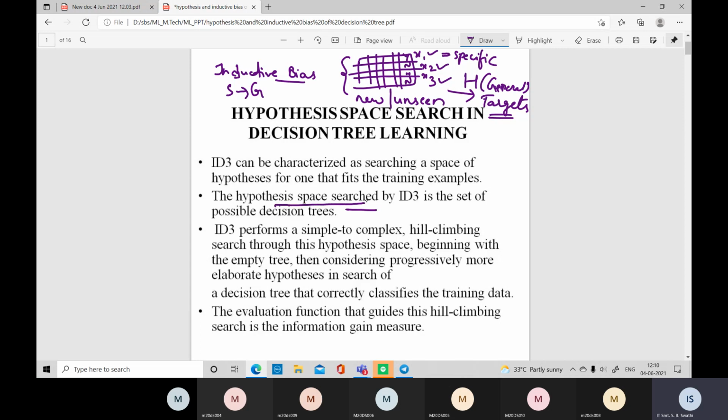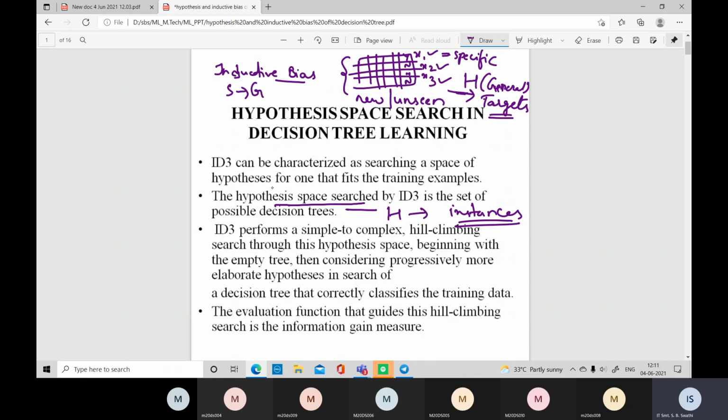This capital H is not related to each and every tree generated at the background. Only for the finalized decision tree this hypothesis space is generated. That means here H is related to only some specific set of instances, so that it can generate some conclusion for a newly unseen data.